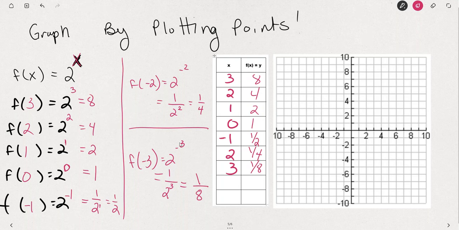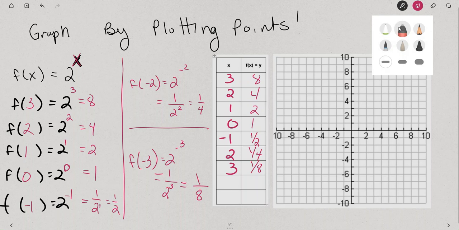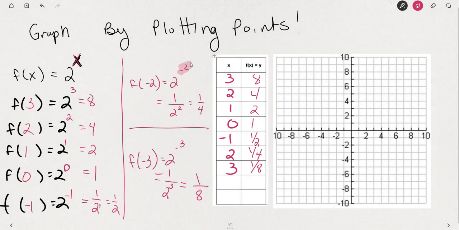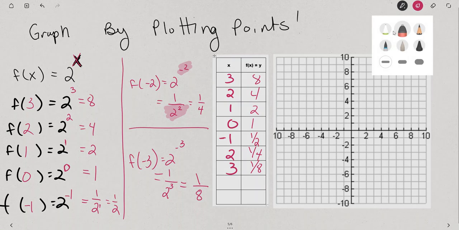By the definition of what a negative exponent means, you write it in this form, 1 over 2 cubed. Once I have these, what do I have? 7 points.